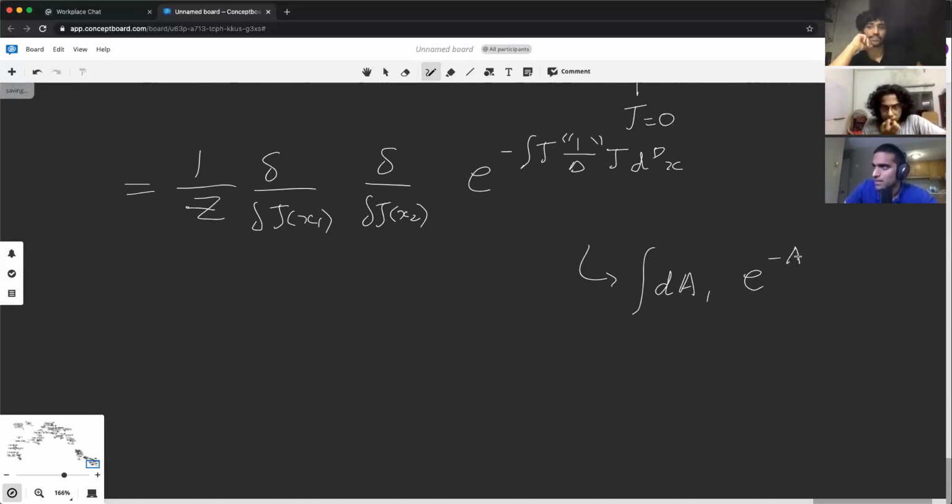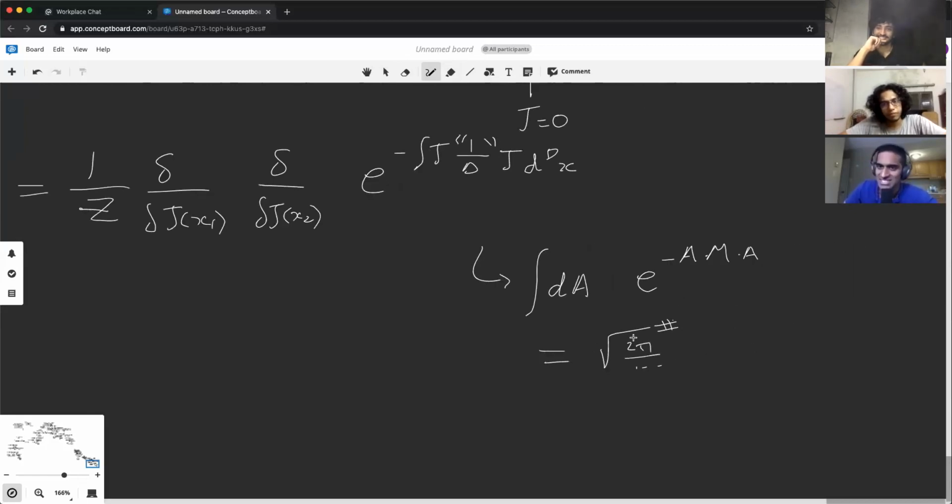So if I have A dot M dot A, then the result is going to be the square root of 2 pi times some other stuff to some power, everything that I'm not including. So I can just put that in the denominator of dA.